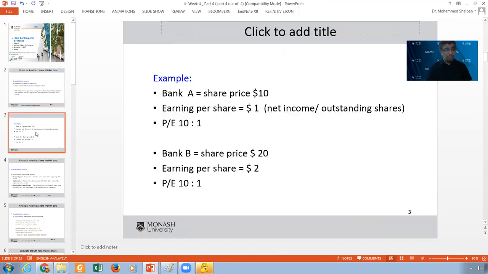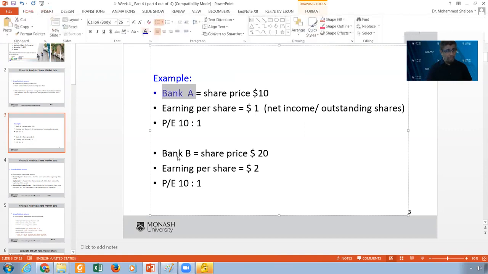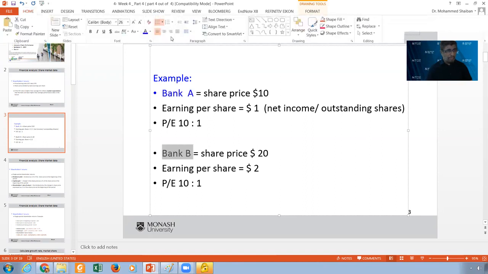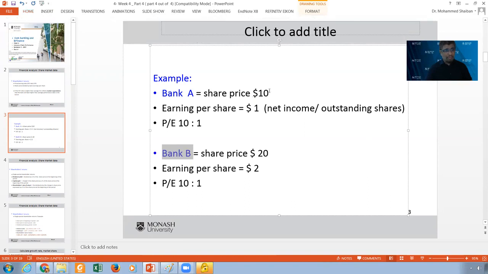Let me give you this example. Assume that you have two banks, Bank A and Bank B. As of now, the share price for Bank A is 10 and the earning per share is 1. So I understand the PE is 10 to 1.